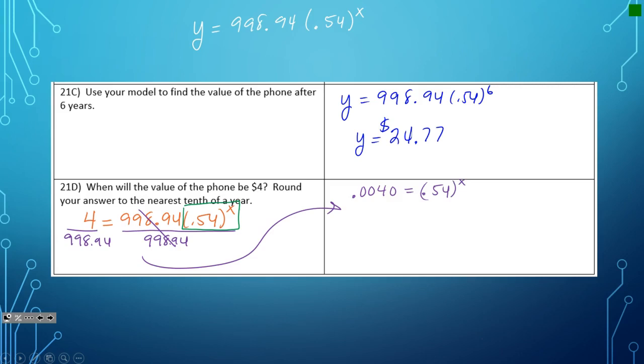Usually we have the exponential expression on the left, so I'm just going to flip-flop the two sides. 0.54 to the x equals 0.0040. So in logarithmic form, it would be log base 0.54 of 0.0040 equals x.